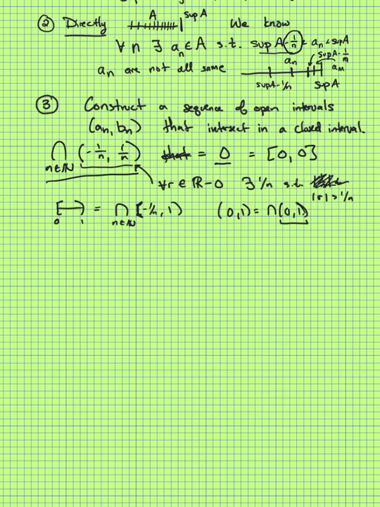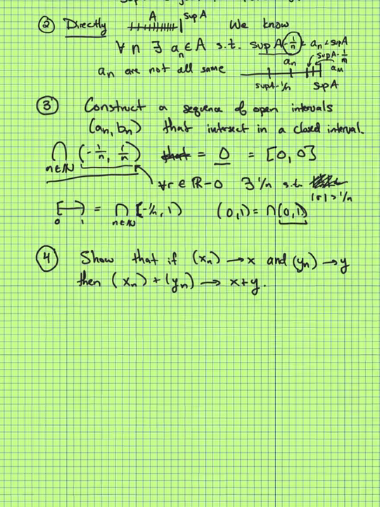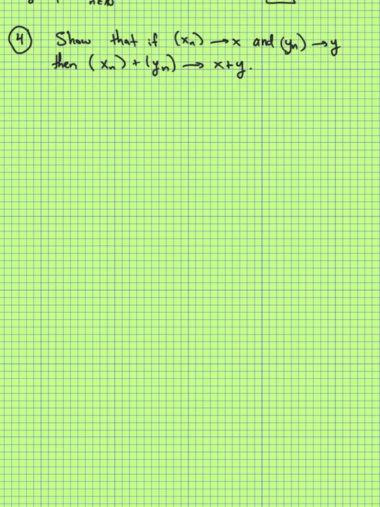Okay, all right, so let me do number 4, which is you want to show that if x_n approaches x and y_n approaches y, then x_n plus y_n goes to x plus y. Okay? Let me bring it up here. So in this case, we'll give the full proof with details.